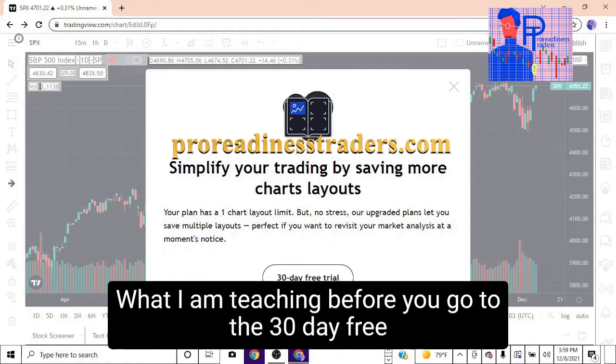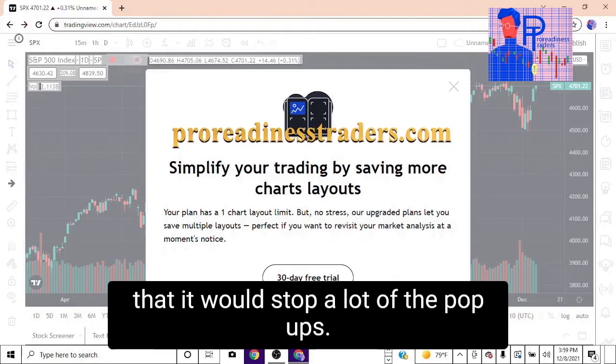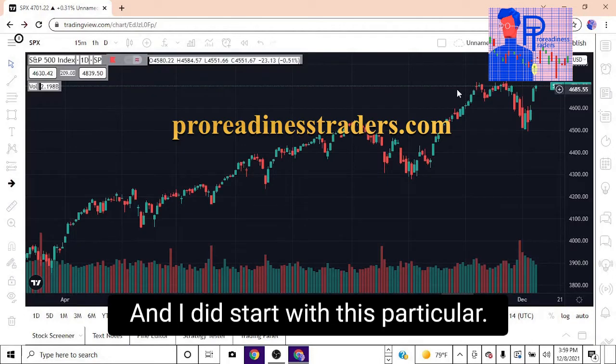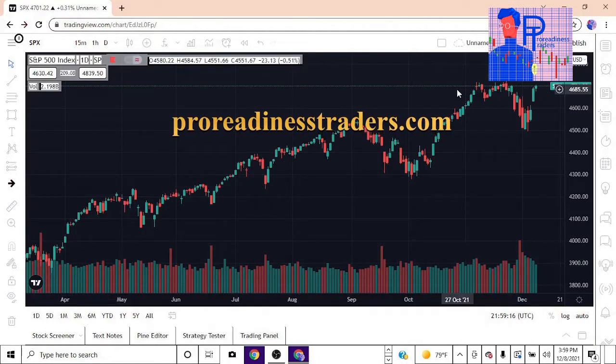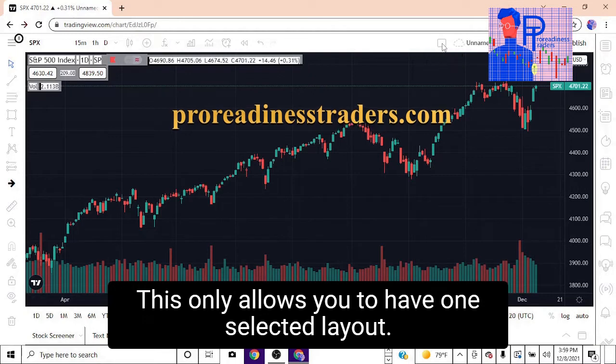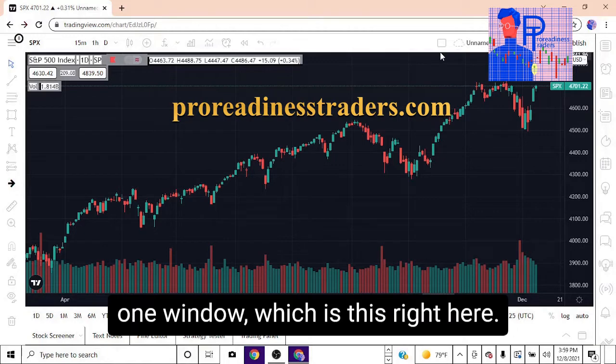But you can start the 30-day free trial now so that it would stop a lot of the pop-ups. So we're going to close this for now. This only allows you to have one selected layout, so we're only going to be working with one window, which is this right here.